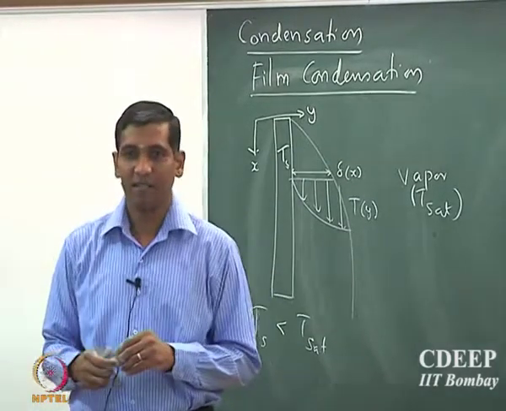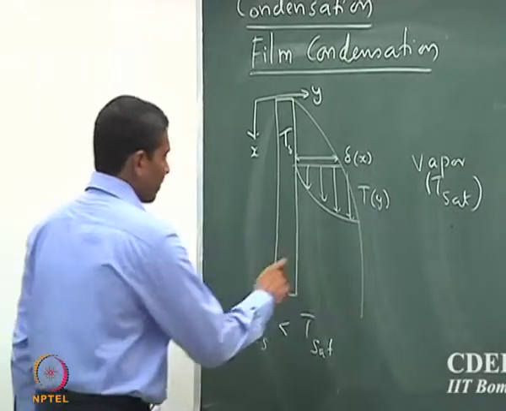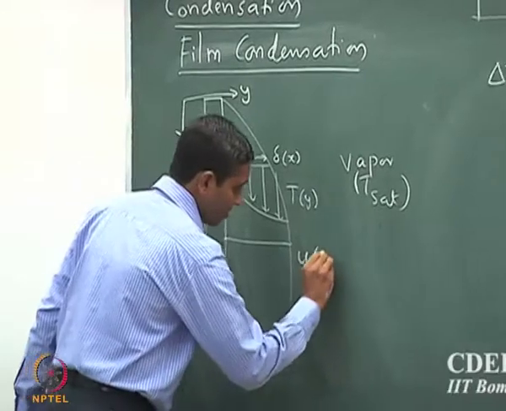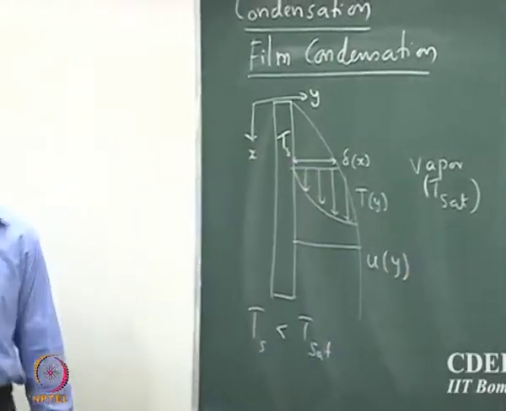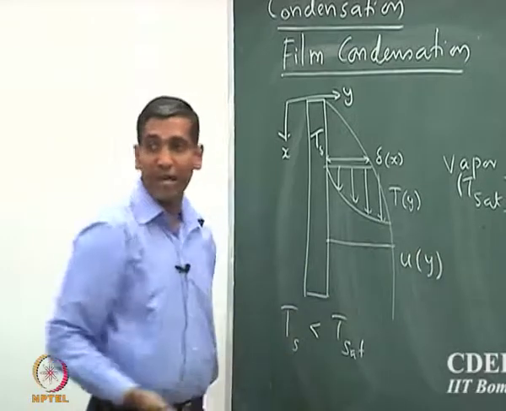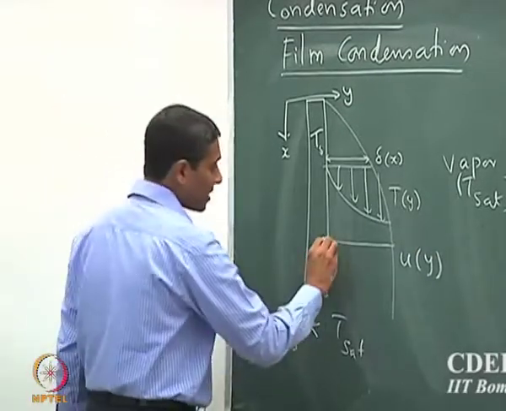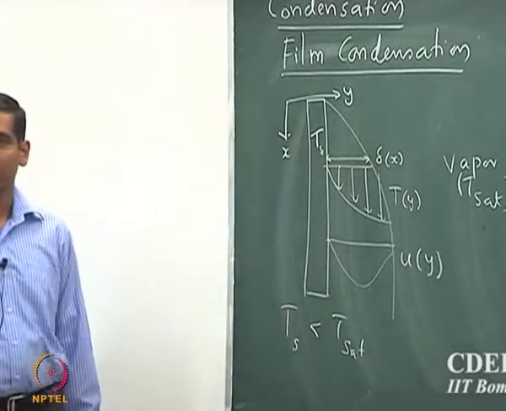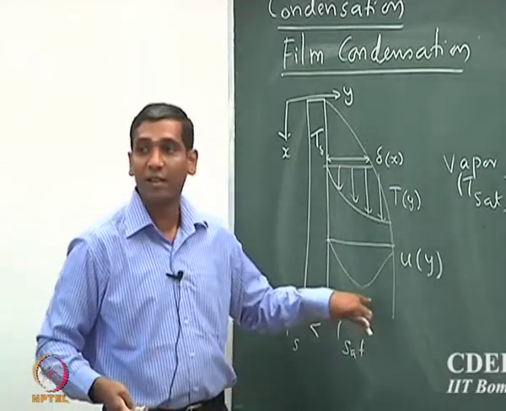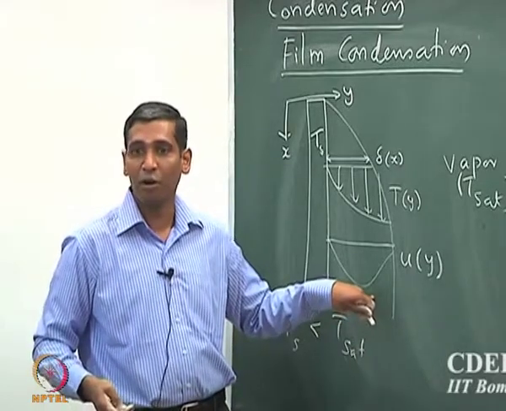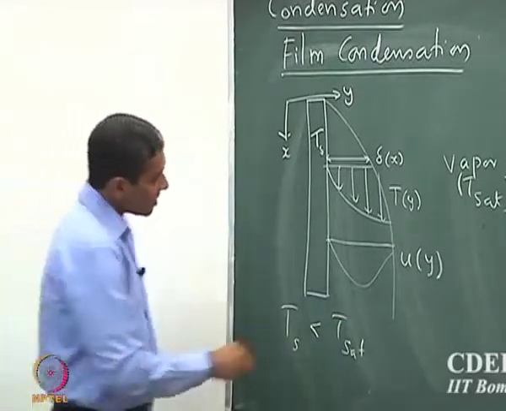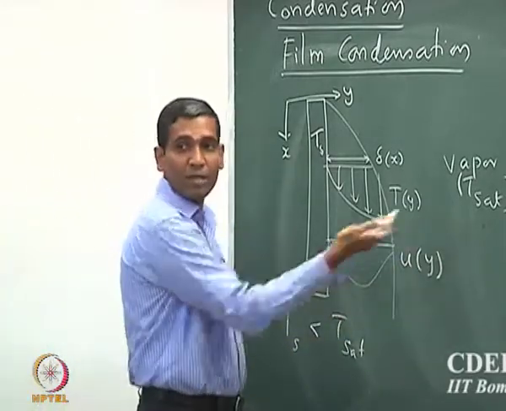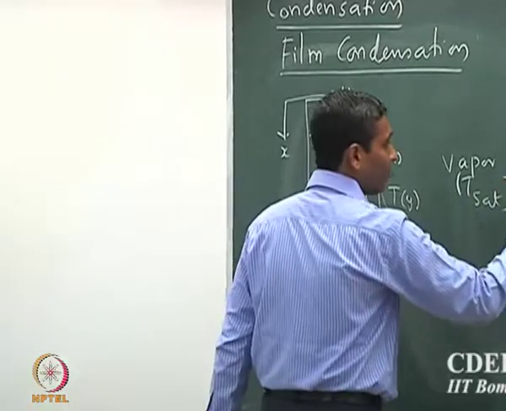So you would expect that u of y should have a maxima because vapor is at rest. Okay. So you are expected to have a maxima at the middle. If you look at your textbook, there is a mistake in this particular profile that they have drawn. You would expect a maxima somewhere in the boundary layer. So the vapor is at complete rest, and so you have u infinity equal to 0.